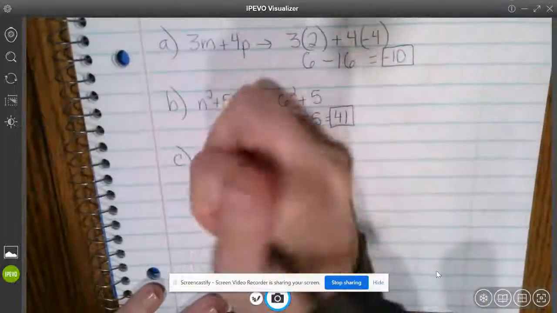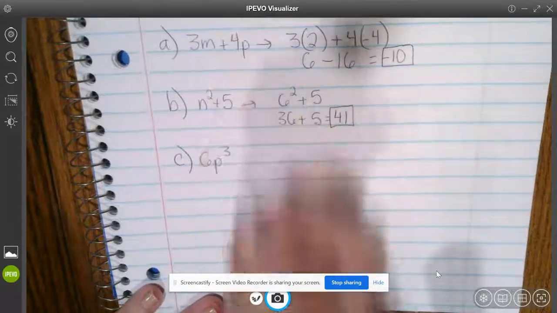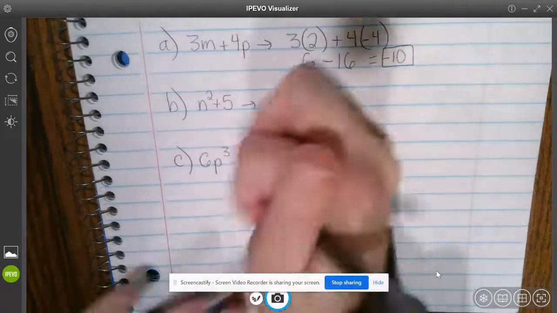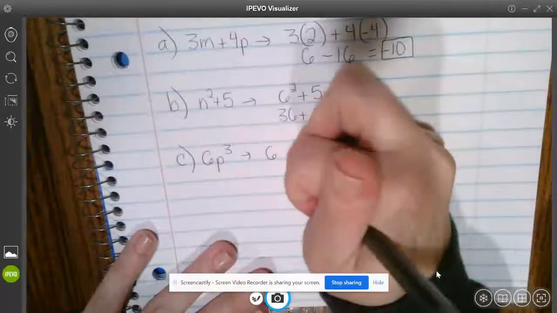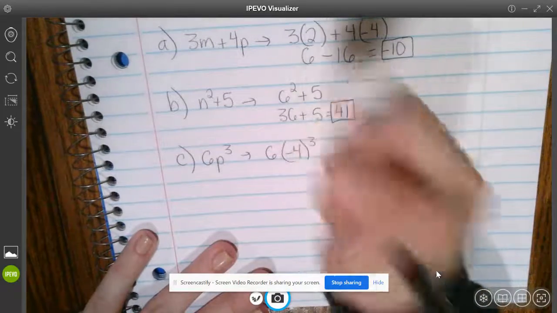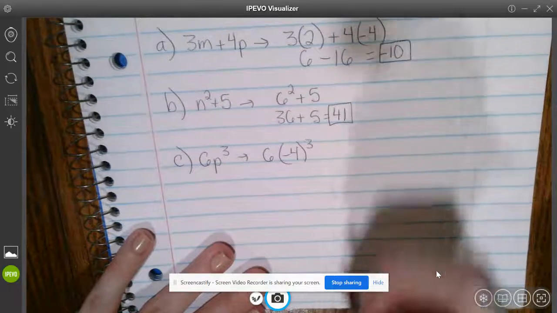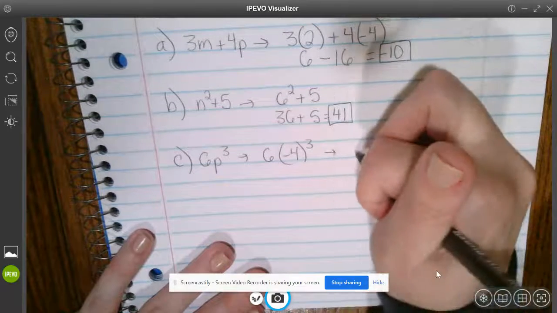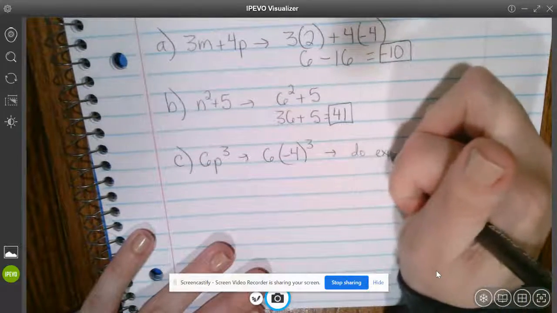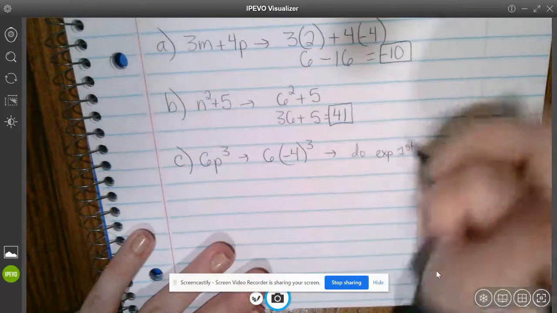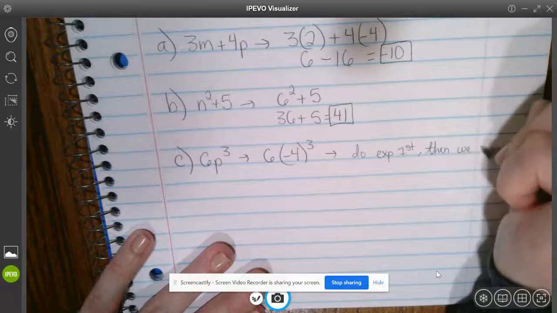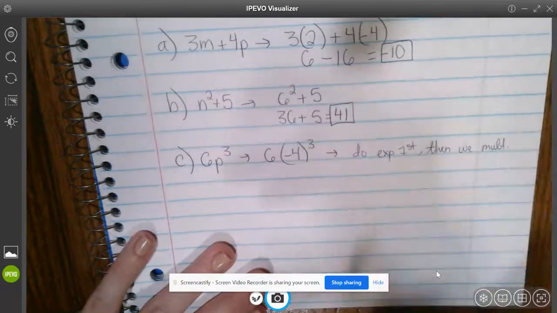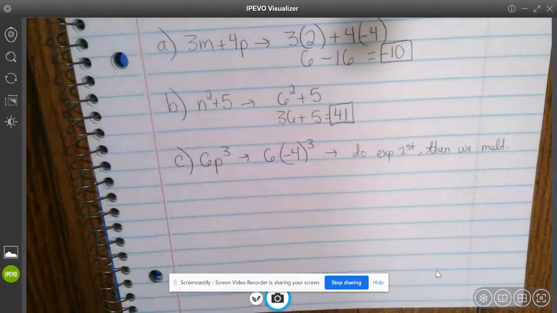Okay. 6p to the third. So this is 6 times p, which is -4, to the third. So here's my little note. We always do exponents first, then we multiply. Okay, order of operations.